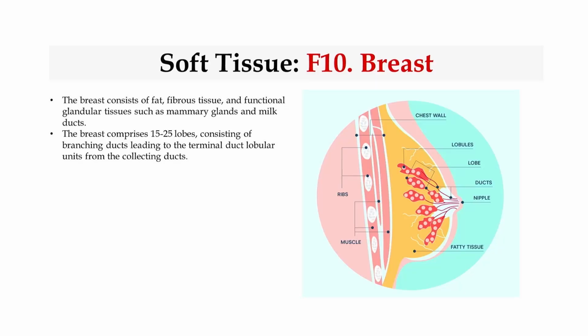Let's go further. The next soft tissue is the breasts. So breasts consist of fat, fibrous tissue, and functional glandular tissue such as mammary glands and milk ducts. This is an extremely highly studied soft tissue for several reasons, because of incidences of breast cancers, as well as implants.